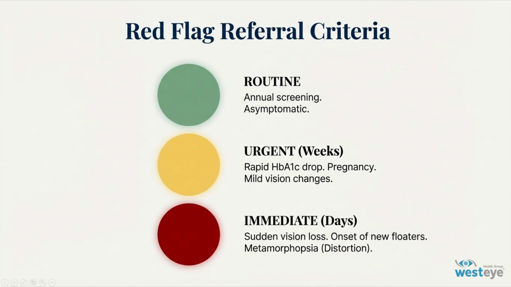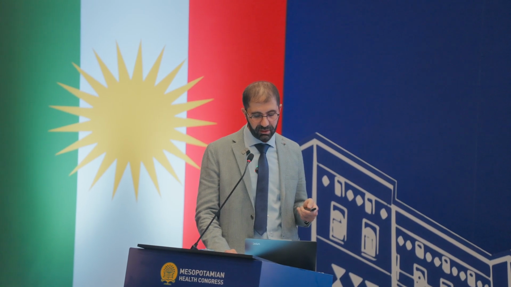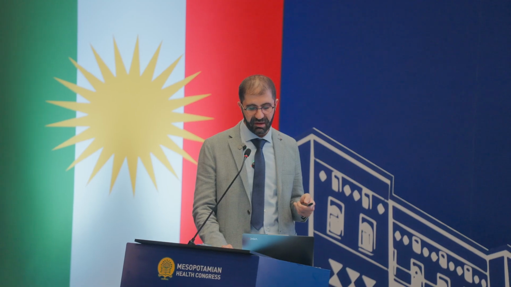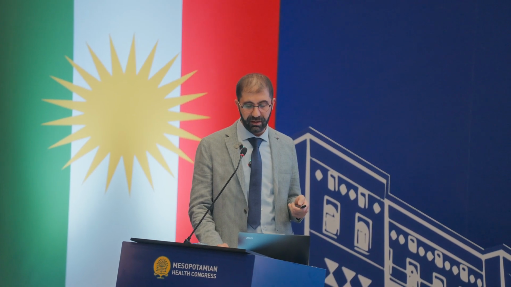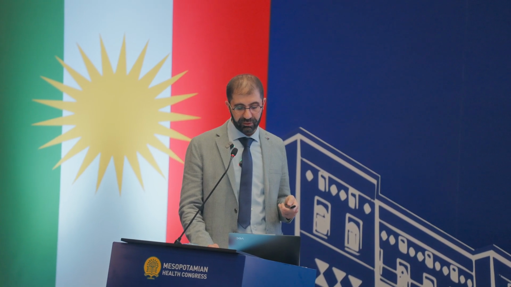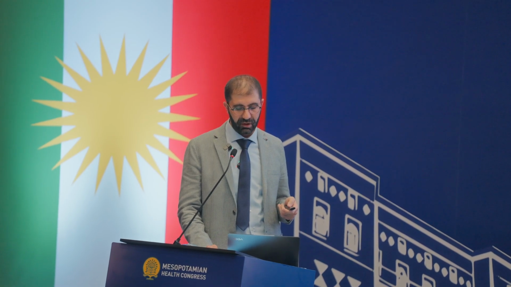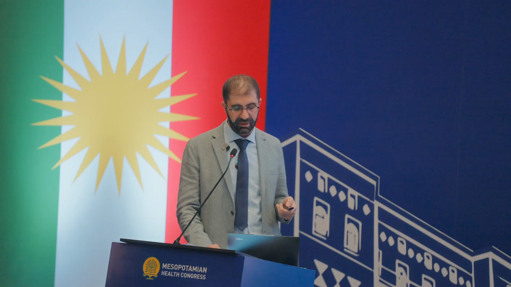Annual screening will be enough for these patients. The second group is urgent patients who have a rapid HbA1c drop or pregnancy. These patients should meet with an ophthalmologist within a few weeks. And the red light group contains urgent patients who have sudden vision loss or new floaters or metamorphopsia.